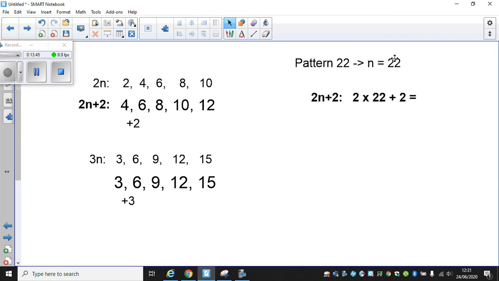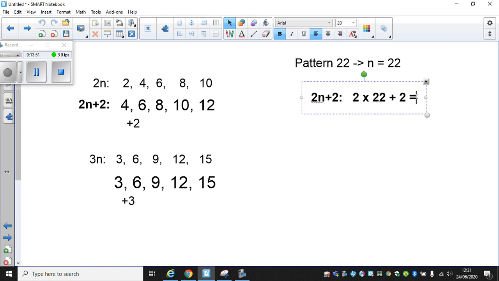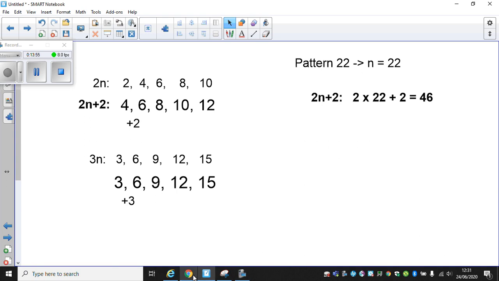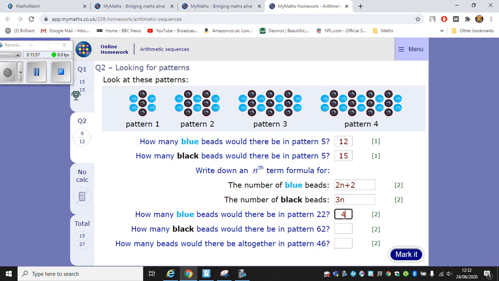So I've replaced n with 22. 2 times 22 is 44. Add 2 is 46. So I'm going to put in an answer of 46.